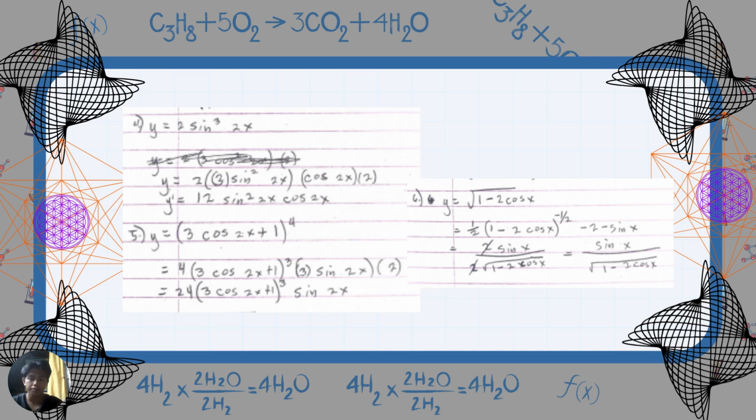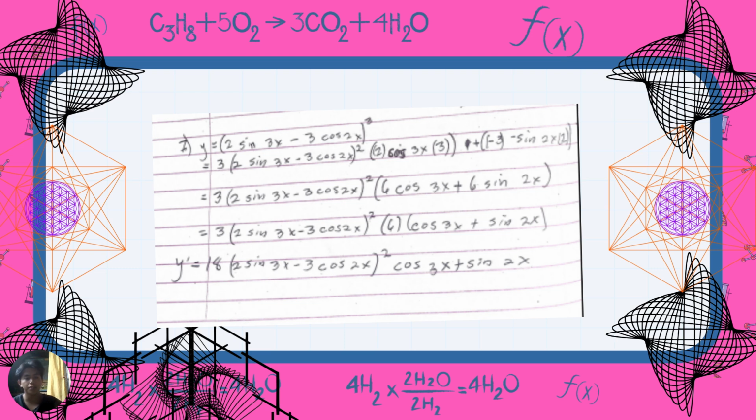And then lastly, number 7, we have the function y equals 2 sine 3x minus 3 cos 2x cubed. So applying the chain rule, we're going to bring down its exponent, which is that cube. So it will become 3, and then copy the 2 sine 3x minus 3 cos 2x.